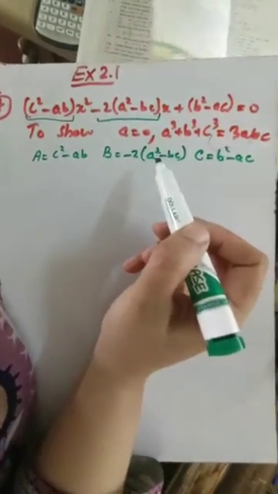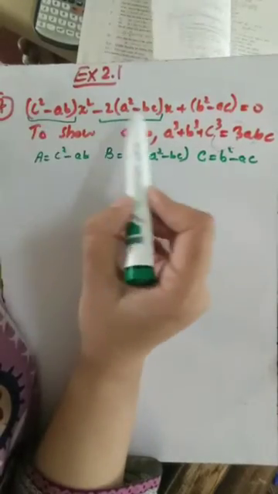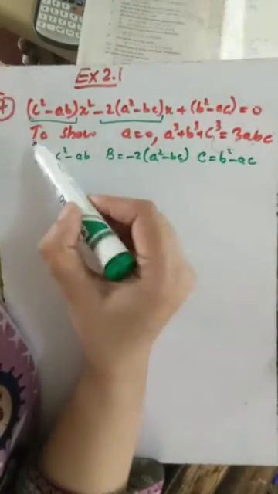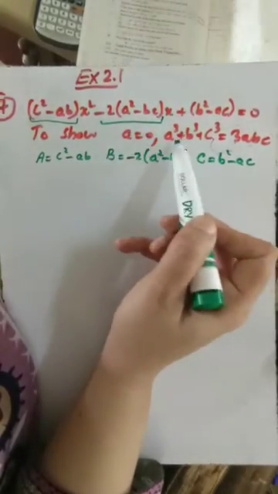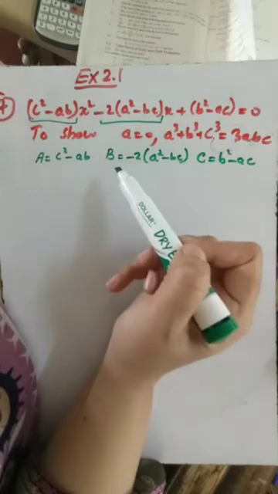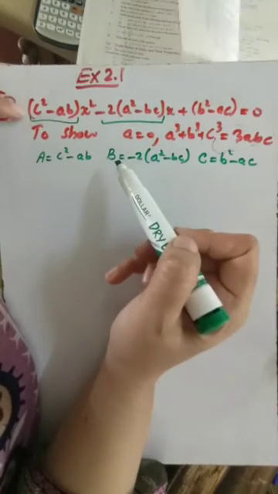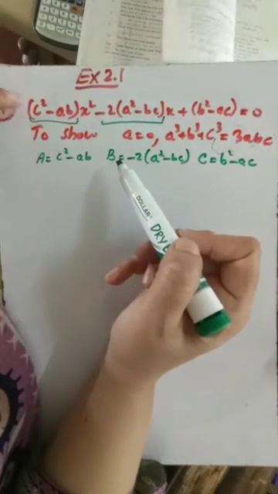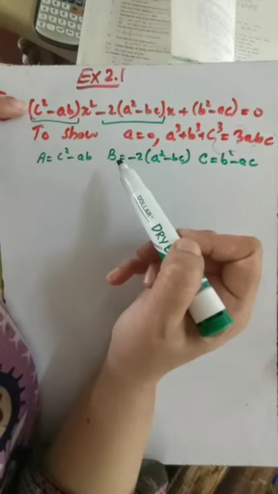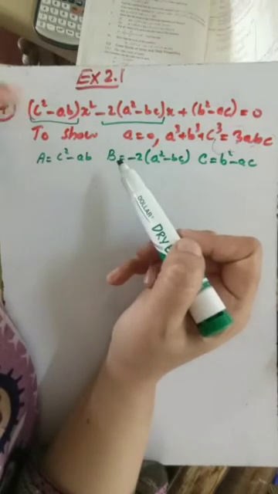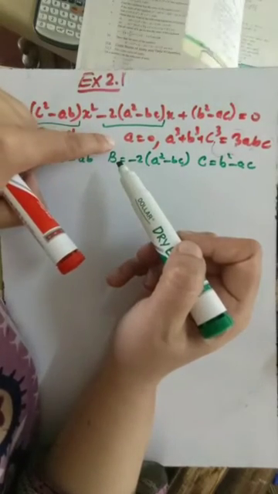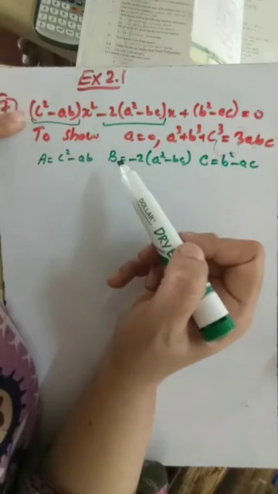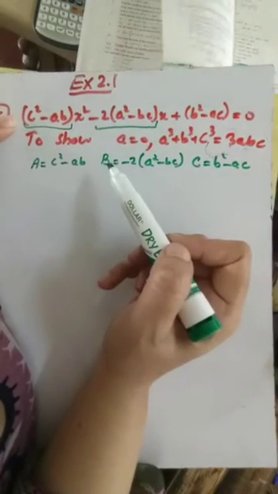Now they are saying that if this equation has equal roots, then prove that a is equal to 0 or a cube plus b cube plus c cube is equal to 3abc. So let me assume that this equation has equal roots, then I will derive this expression from the condition of equality of roots.